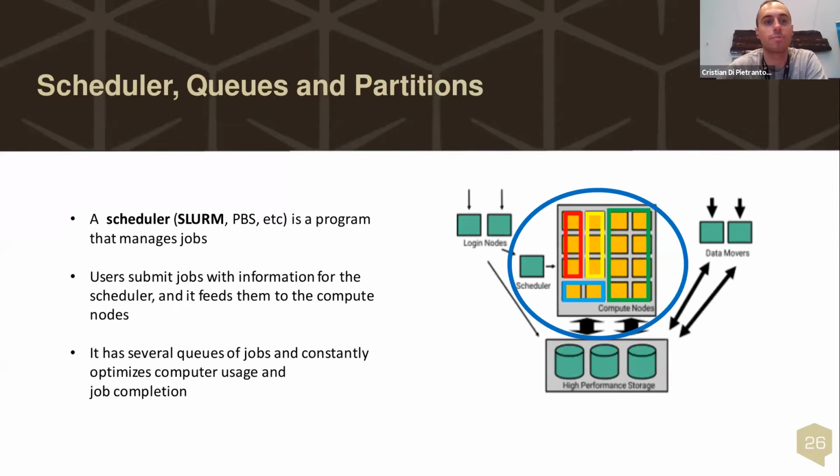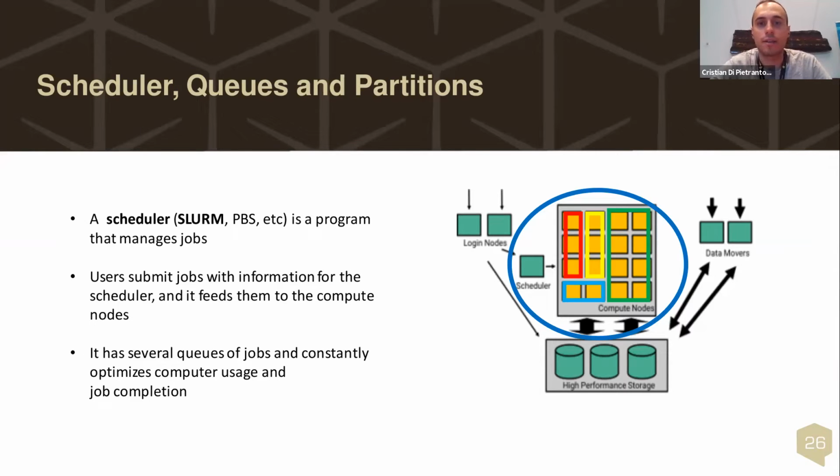That orchestration is provided by the so-called scheduler. A scheduler is a program, and we use the SLURM scheduler. It takes the requirements and the program to run from every user, and then decides which program to run at any given time and with which priority.